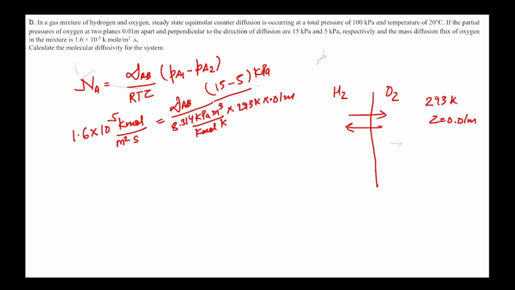Now kilopascal and kilopascal will cancel out, kilomole and kilomole will cancel out, meter square per meter square and per second. That is the unit of diffusivity. So we will get diffusivity DAB as 3.8976 into 10 to the power minus 5 meter square per second. Okay, straightforward.